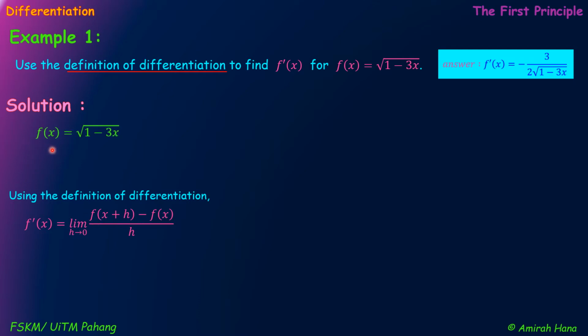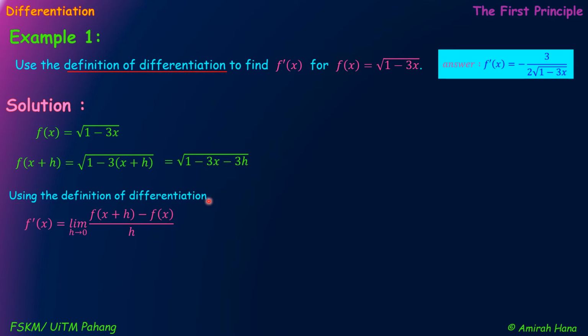Our f(x) equals the square root of 1 minus 3x. After that, we find f(x plus h), so we replace x by x plus h, and we must put it in a bracket.